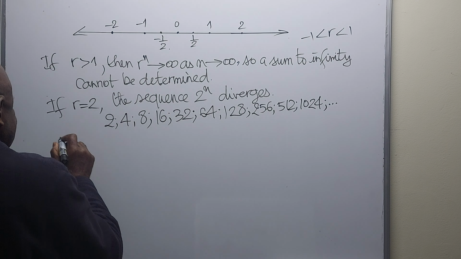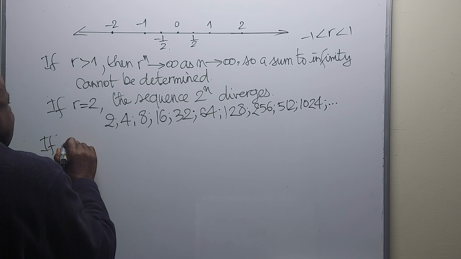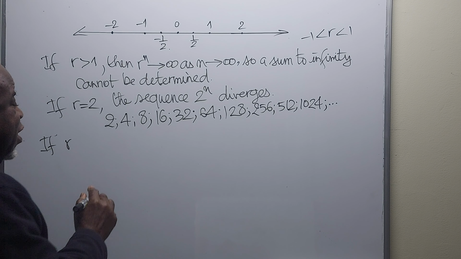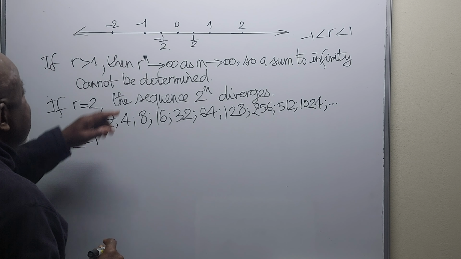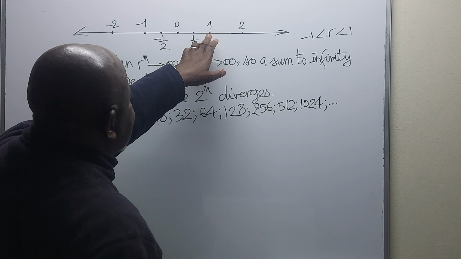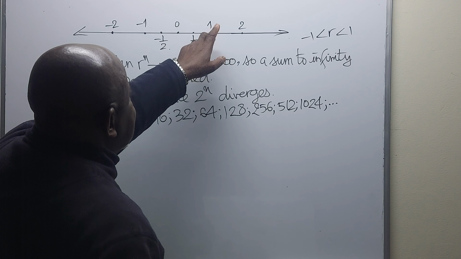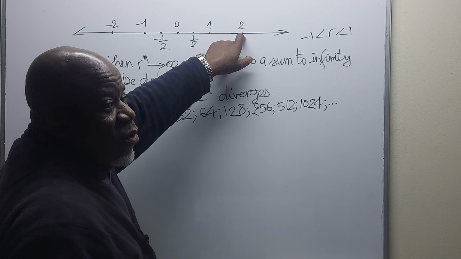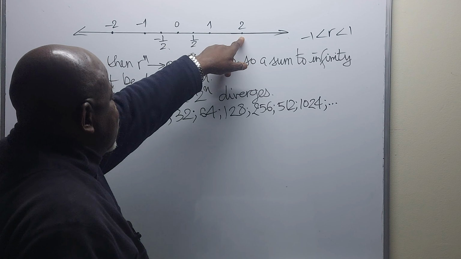Now, if our common ratio is less than negative 1, see, if we consider from here, then it was before greater than 1. We did consider the case where our common ratio is equal to 2.